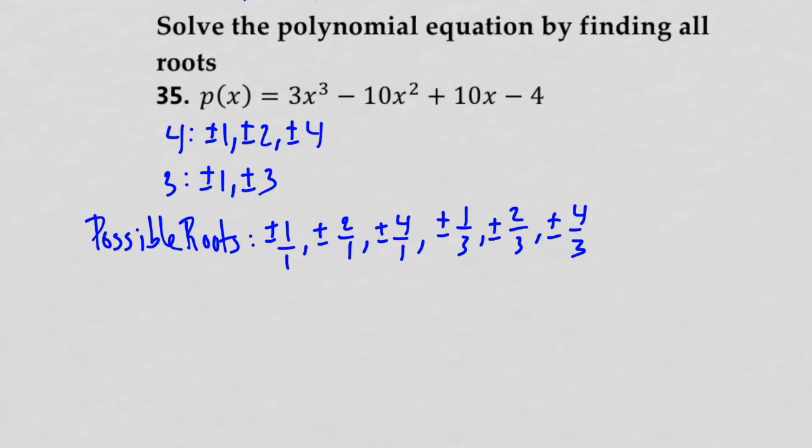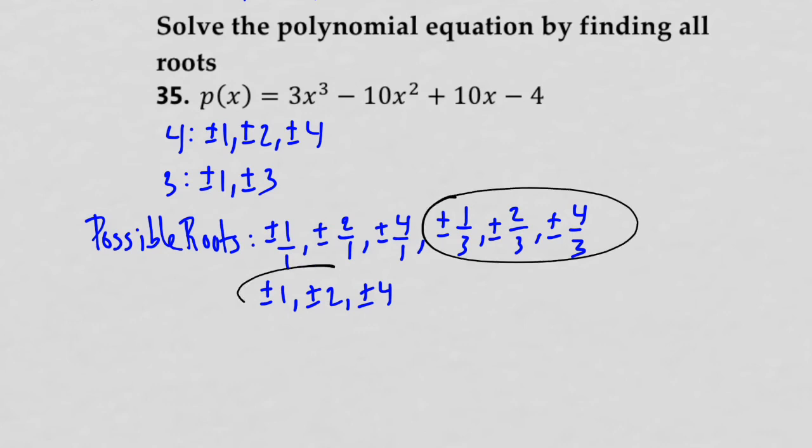The only thing I'm going to do is clean up those that have 1 over 1 because they're pretty easy. They're just 1s, 2s, and 4s. So this one's just going to be plus or minus 1, plus or minus 2, plus or minus 4. And then those other ones on top. So we're going to test those and those. These are the same as these. I just decided to take out the ones.